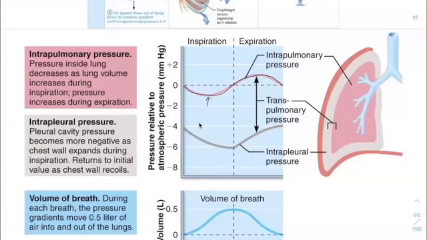The difference between the intrapulmonary pressure and the intrapleural pressure is called transpulmonary pressure, the difference between the two different cavities. Then the blue line down at the bottom, of course, is going to show the volume of each breath.